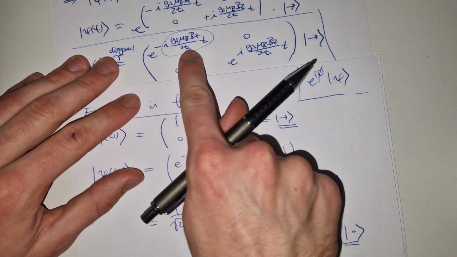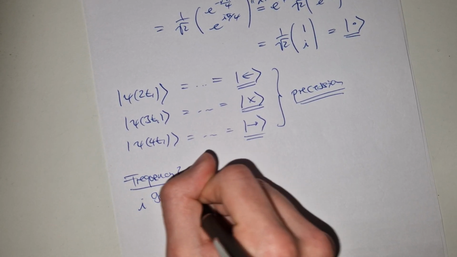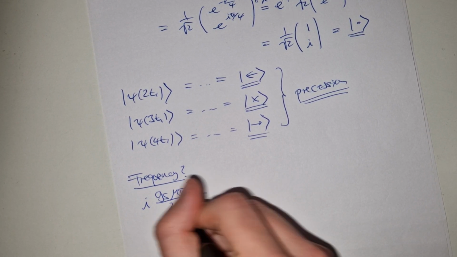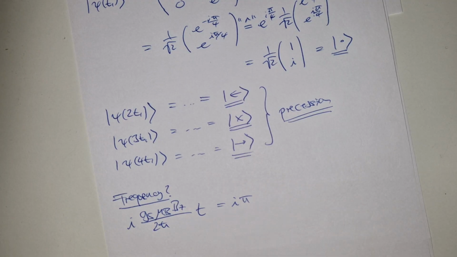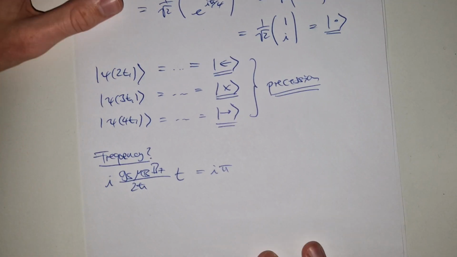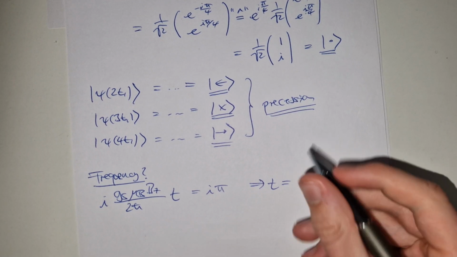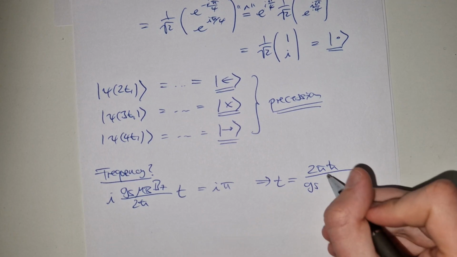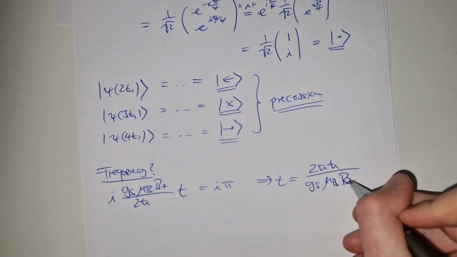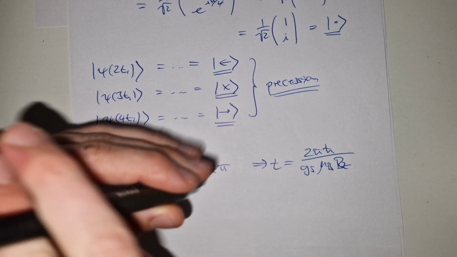So I times g factor, Bohr magneton, magnetic field flux density divided by 2 h bar, times t, which is what we have in the exponent, has to be I times pi in order to have one full cycle. We can solve this for the time t. T is then 2 pi h bar divided by g factor times Bohr magneton times magnetic z field. So this is the time it takes for one cycle of precession.